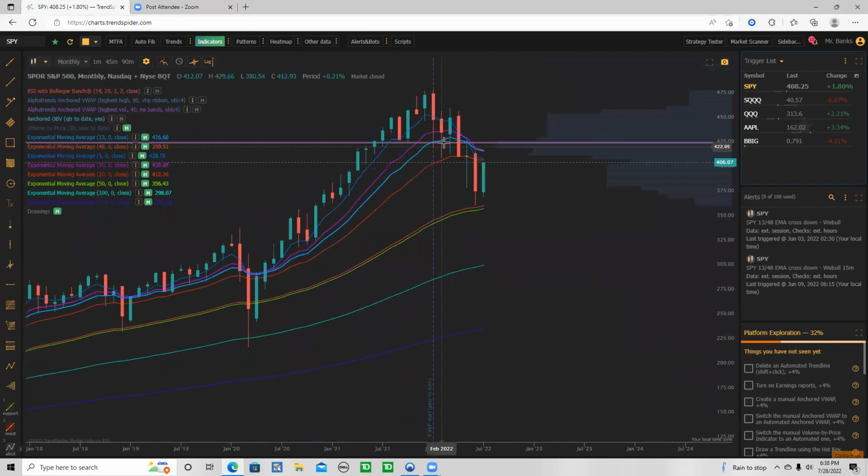So now that we got that, what else can I do with my EMAs? Well, another thing that you can do with your EMAs is start to plot them on the different time frames, right? So when you plot them on the different time frames, we're looking for, okay, how many EMAs match up, right?